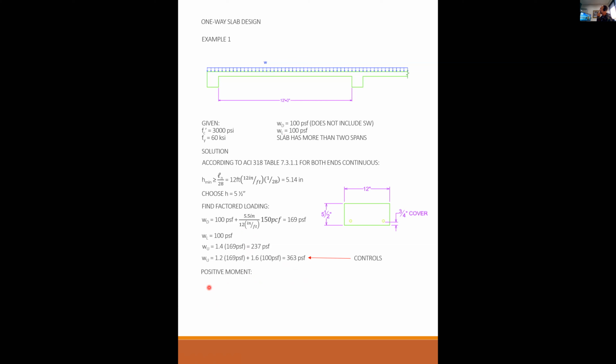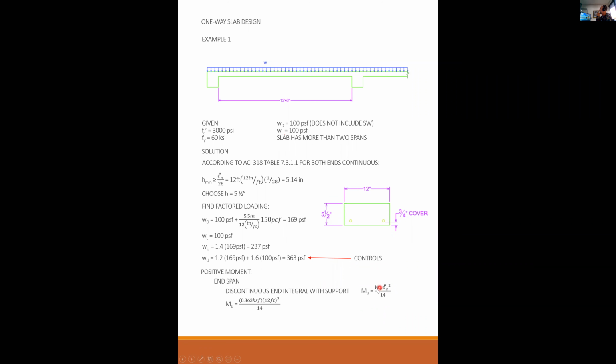For our positive moment at the middle of the span, it's an end span. It's a discontinuous end integral with a support. So we're going to use Mu equal to WL squared over 14.